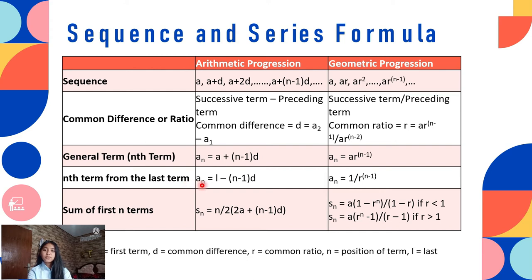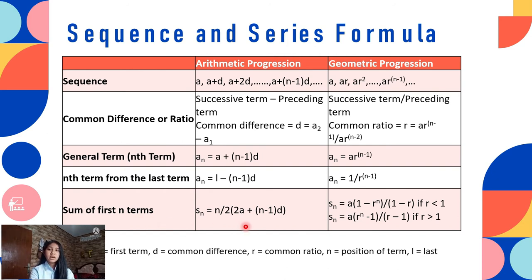And the formula for the last term. In arithmetic, a sub n equals l minus (n minus 1) times d, and in geometric, a sub n equals l over r to the power n minus 1. And the last is the sum of the first n terms.